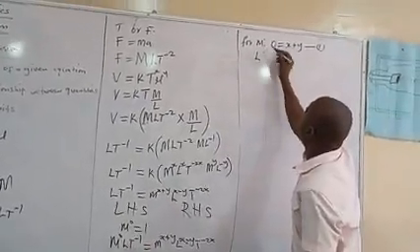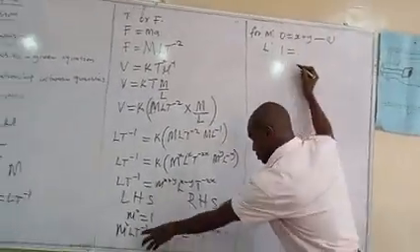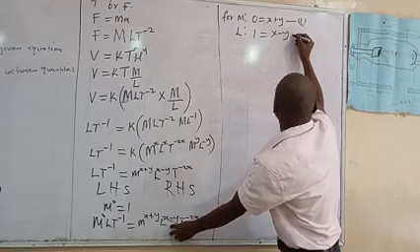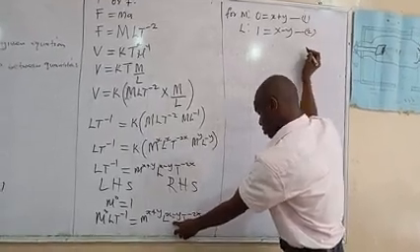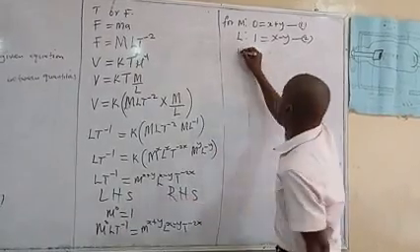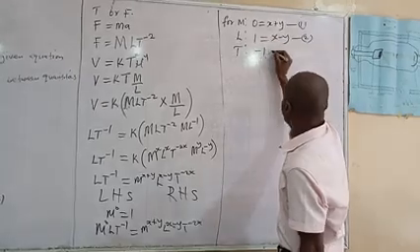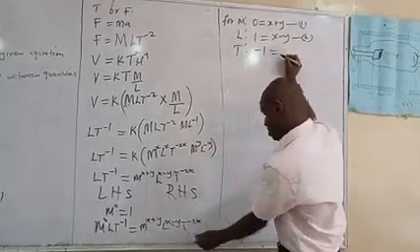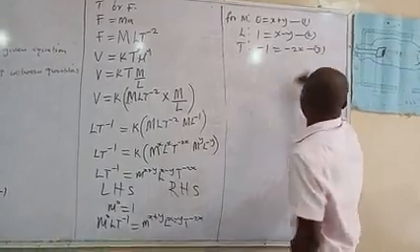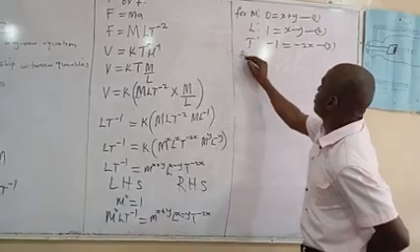So we have 1 equals x minus y. Call that equation 2. For T here, the power is minus 1. So we have minus 1 equals minus 2x. And that's equation 3.